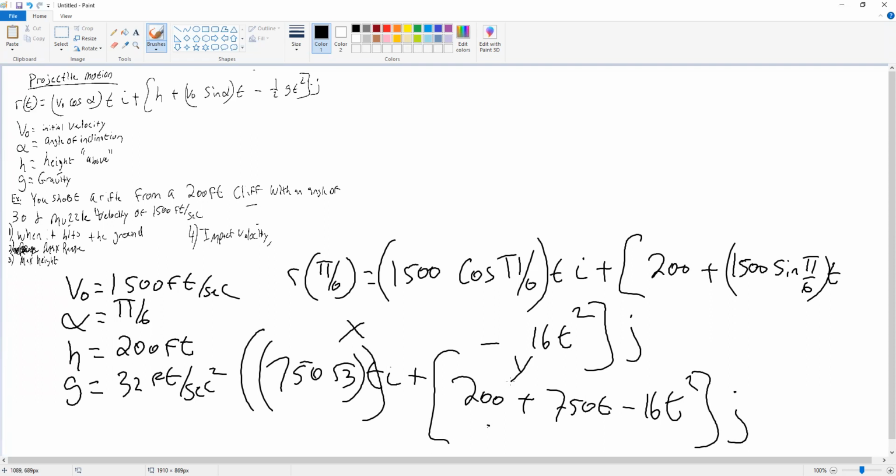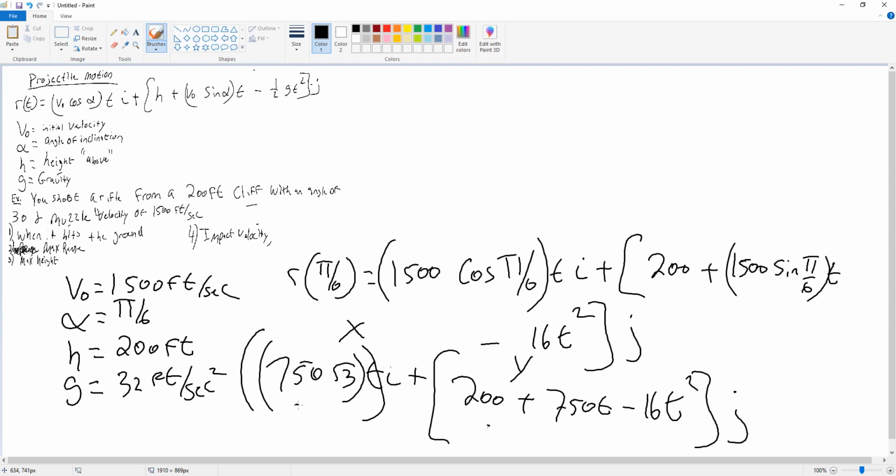So if we want to find when it hits the ground, what are we going to do? So y equals 0. Solve the equation and you get a nice number. You guys need me to do that for you, or you think you can handle it? You can handle it. Perfect. And if you want to find the max range, what are you going to do? You plug in that value of t into x.